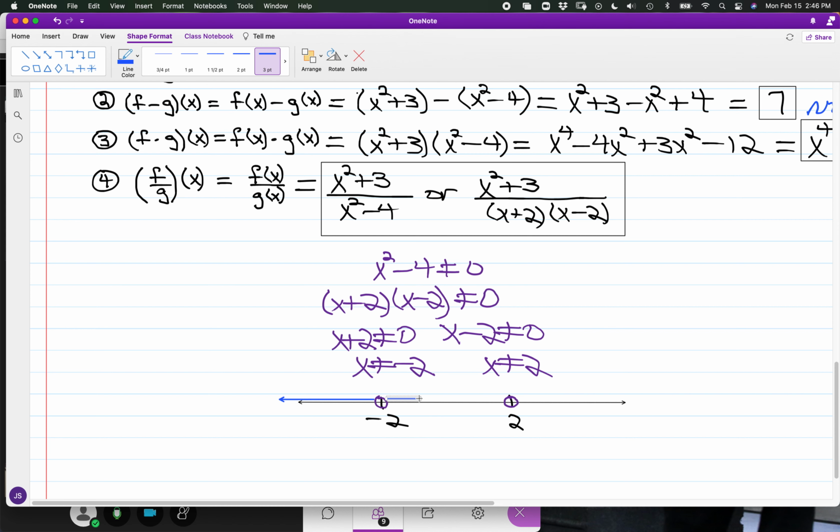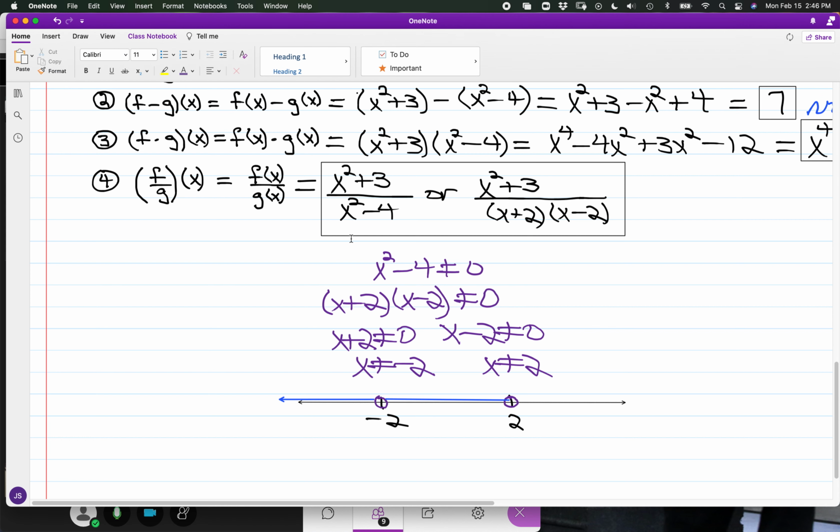You have those values of x less than negative 2, those between negative and positive 2, but not including negative or positive 2, and then those values greater than 2.